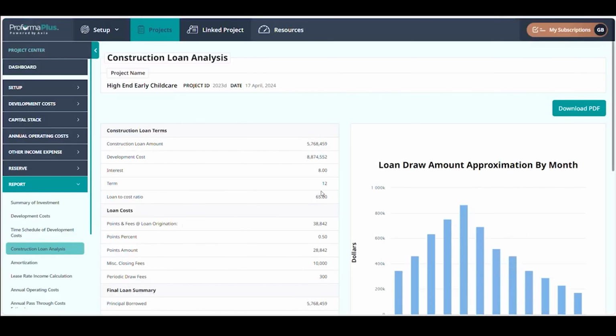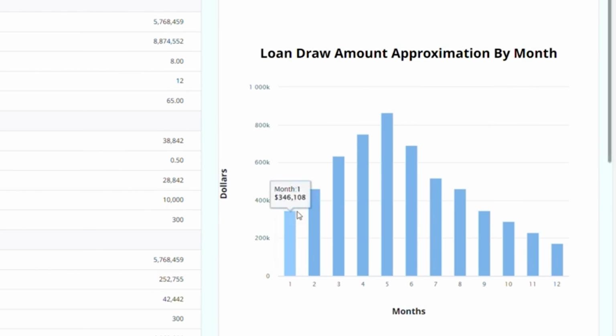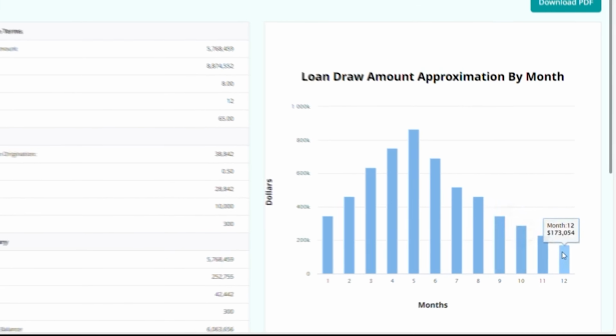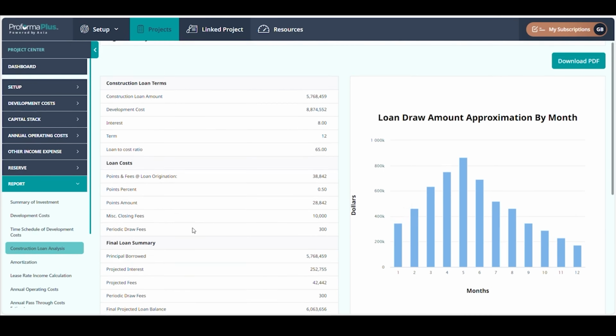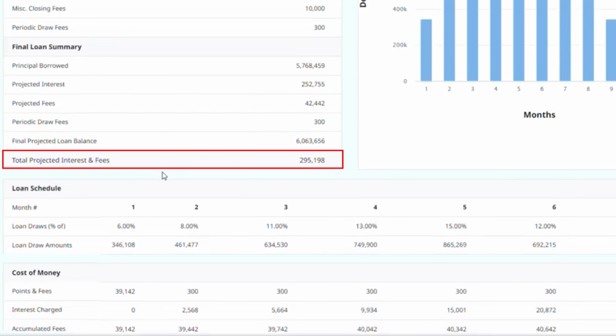So you'll see here that it's real easy with this system, and there are other Excel spreadsheets that do a simpler calculation. This one does it to a T, I could add. But here you'll see that sure enough, it's a form of a bell curve until ultimately you've exhausted all of your construction loan amount, and it also calculates your ending total amount of interest and fees on this particular job.